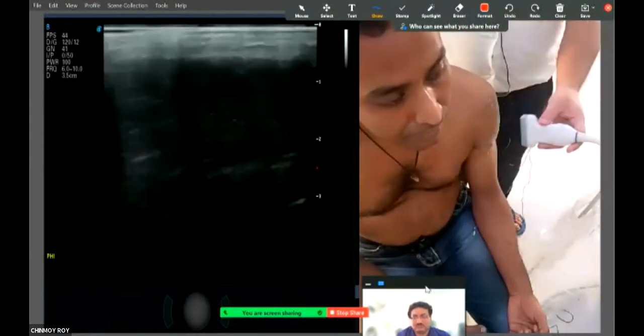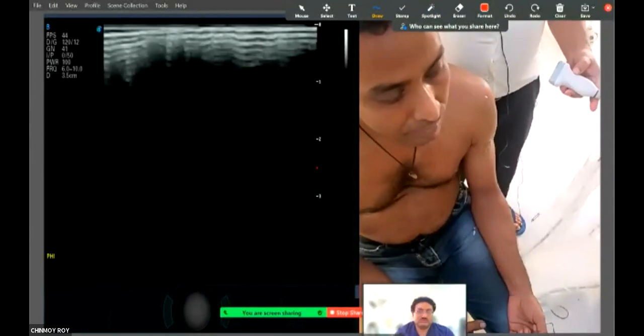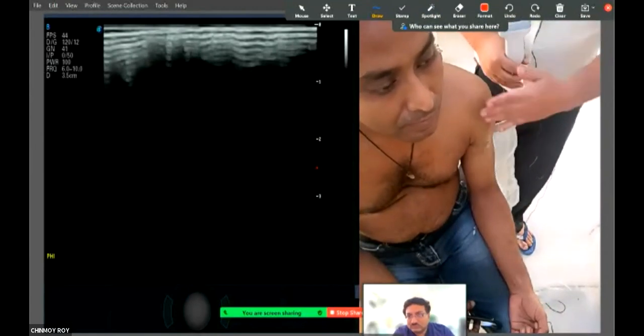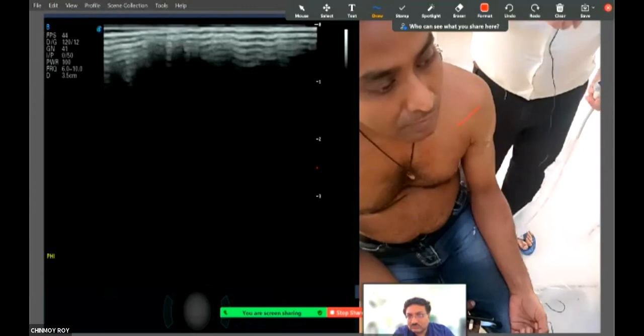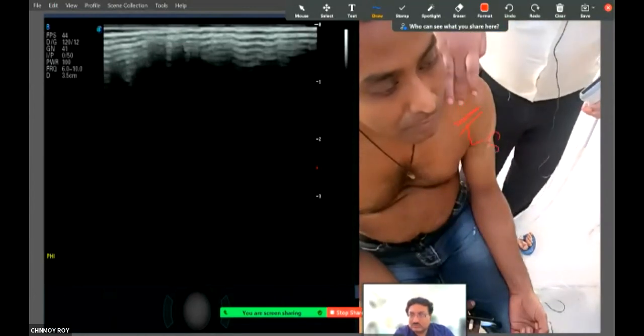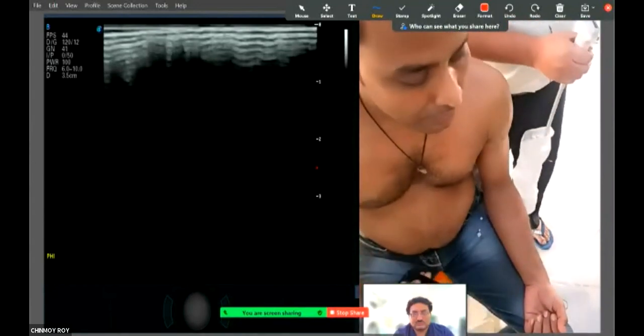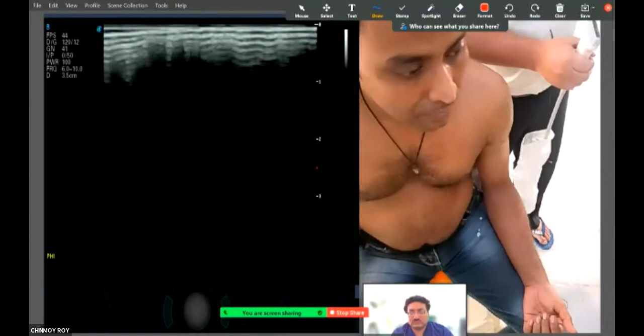Then we see the subscapularis tendon. We start with the subscapularis muscle and tendon, which is a part of the rotator cuff and starts from the anterior side. While seeing this subscapularis, we will also be seeing the trapezius and deltoid muscle, because that is the most superficial, and below that only subscapularis, supraspinatus, infraspinatus, those things.